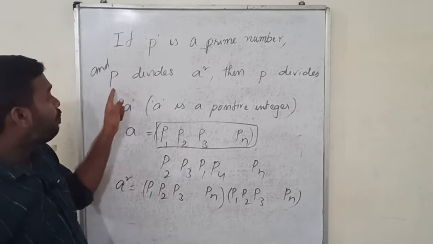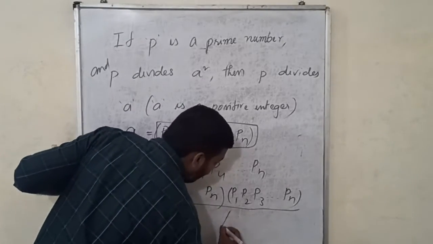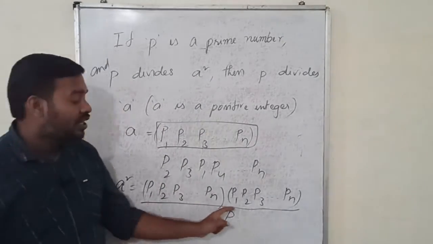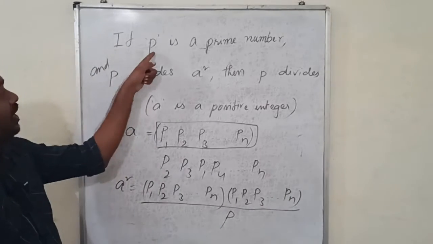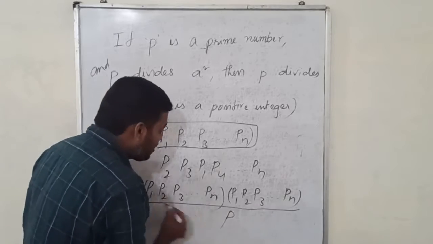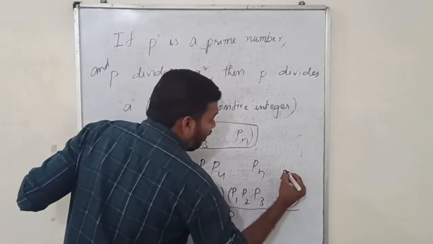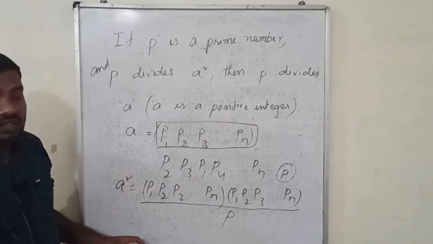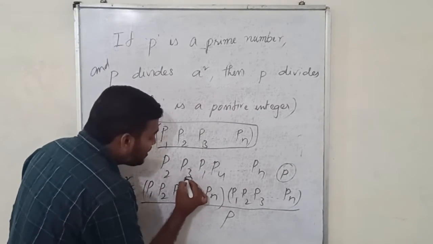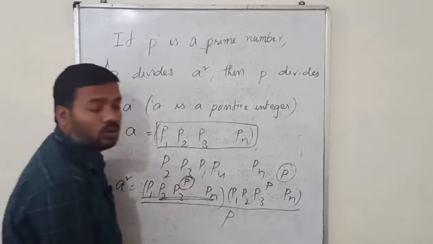Now I am saying that p divides a square, that means this can be divided by p, and p is a prime number. If this p can divide this product, that means in this product we have p somewhere. If p is included in the prime factorization of this, p is included here also.